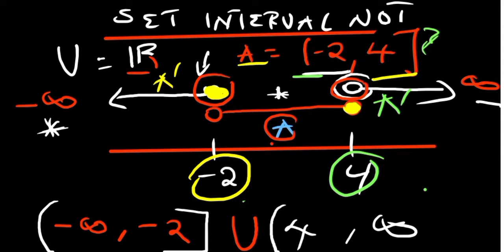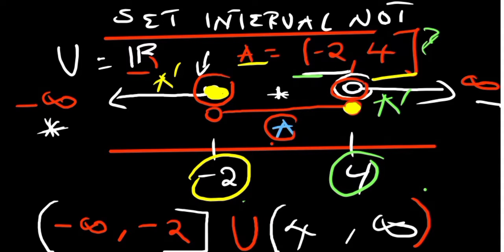Okay, so use a curved one. Then for infinity, is it part of a set or not? Okay, so it will never be part of a set. So this is the way when you use the number line.